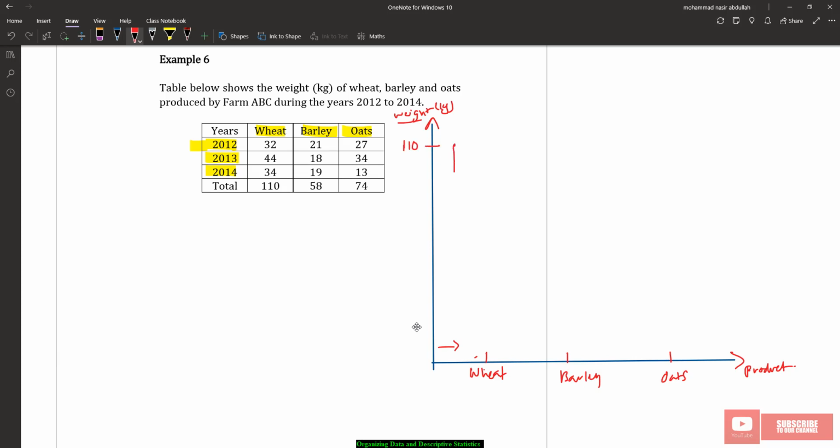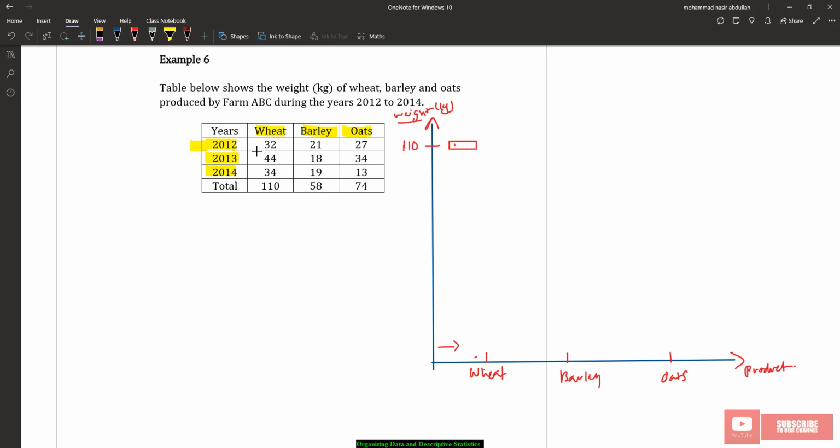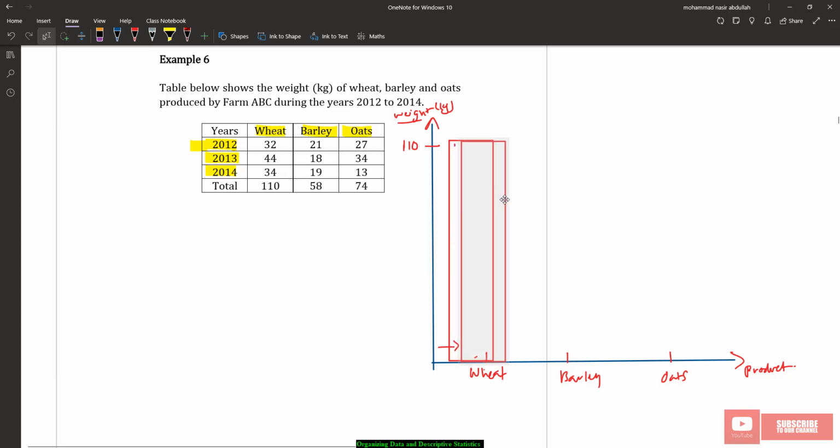So we draw a bar for wheat. This is 110. And then we look here, the total for barley is 58. Let's say 58 down here.